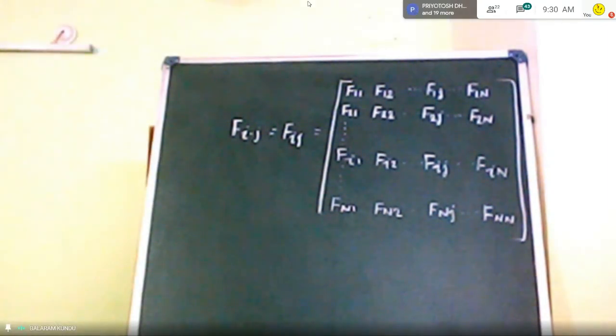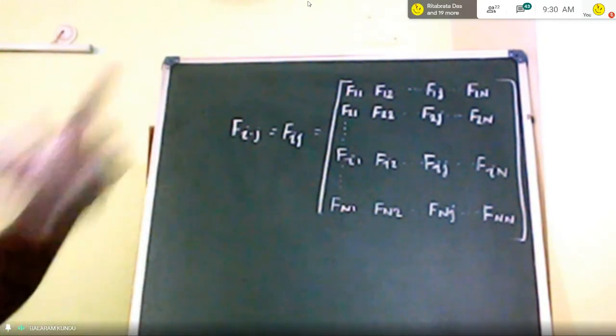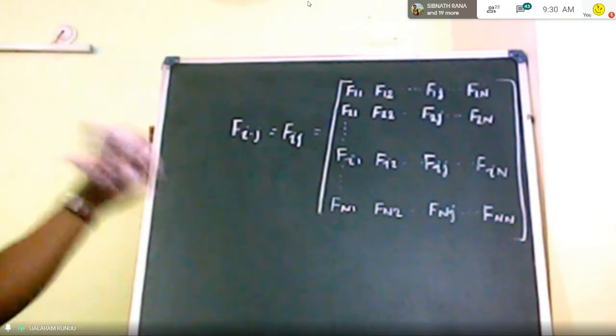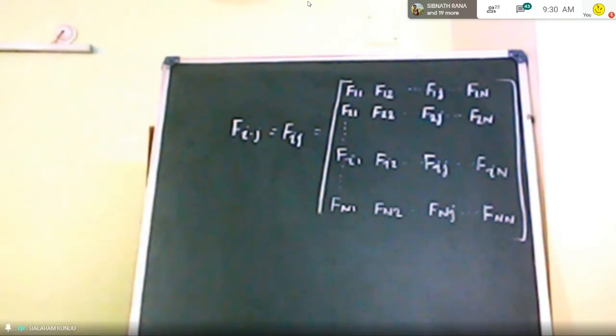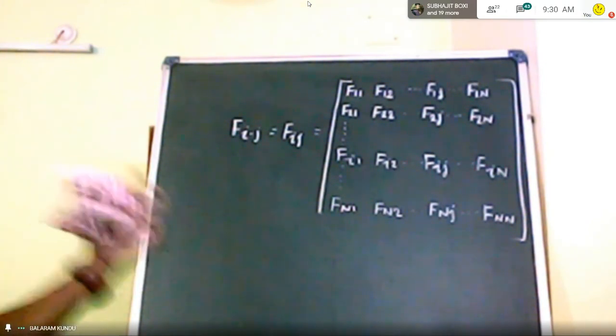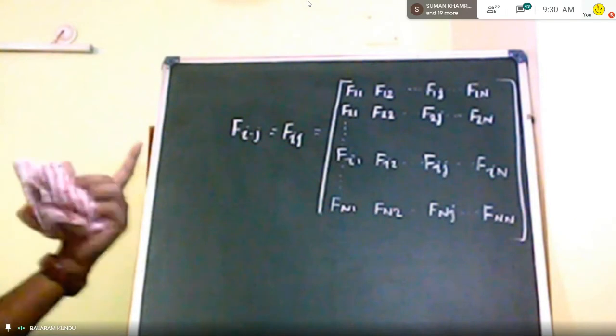That is possible. So if you have two surfaces, four shape factors are there. If n surfaces are there, n squared shape factors should be there.